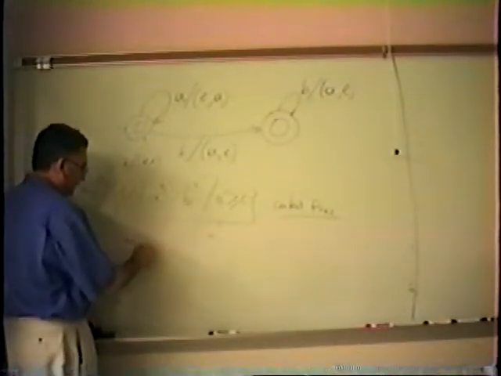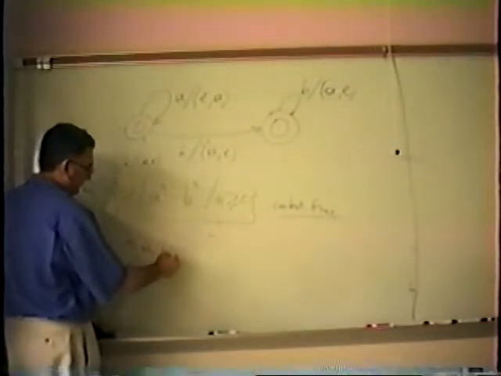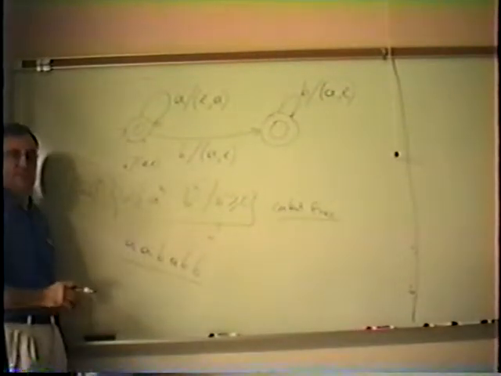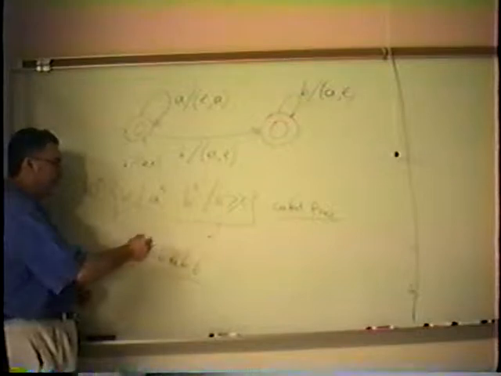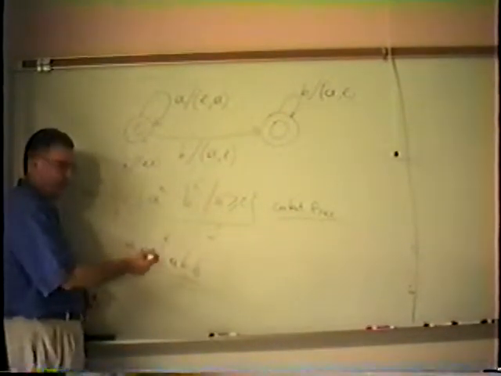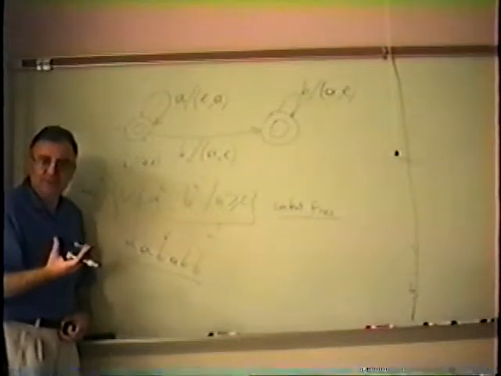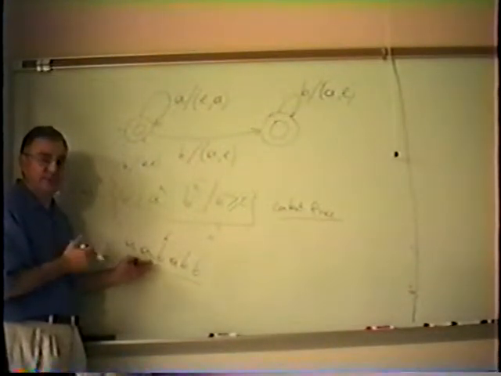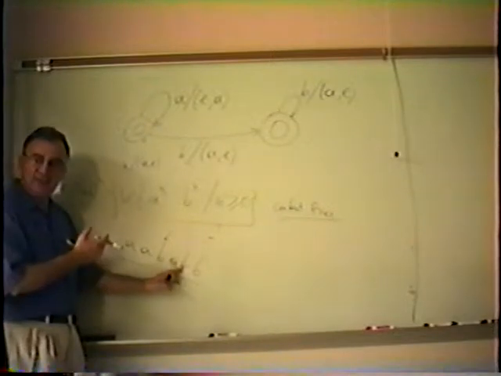Let's say I give you this. I can do that, as long as every time you have a B, you have enough on the stack. Before the first B, I have 2 A's. Before the second B, I have 3 A's.